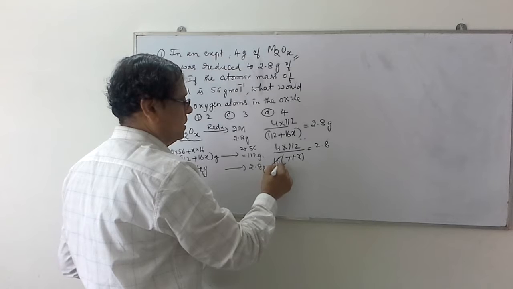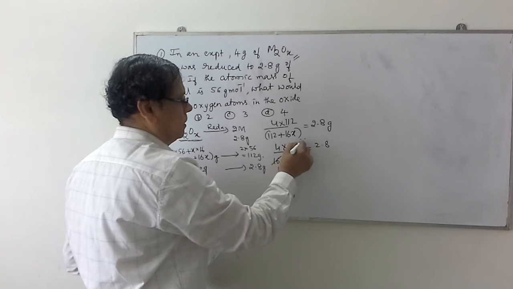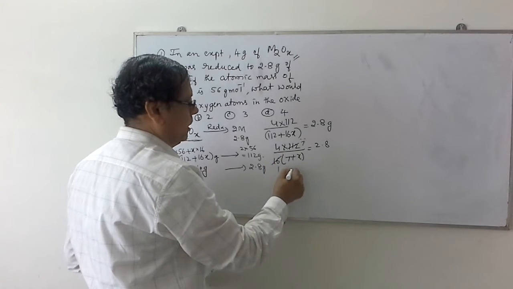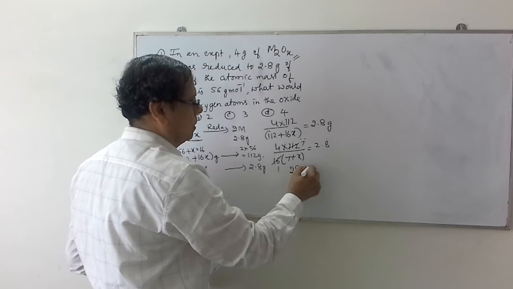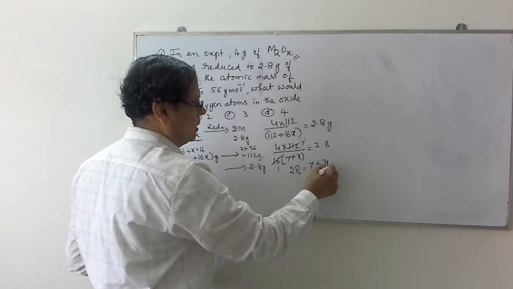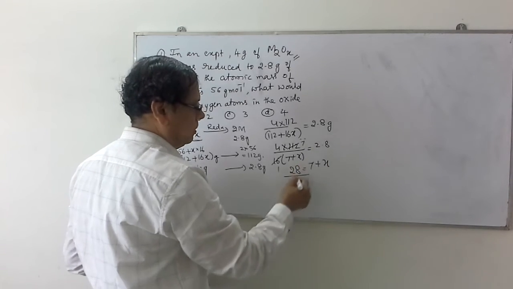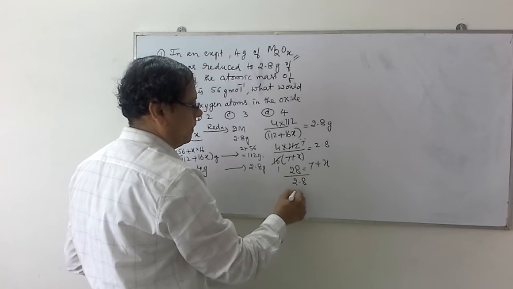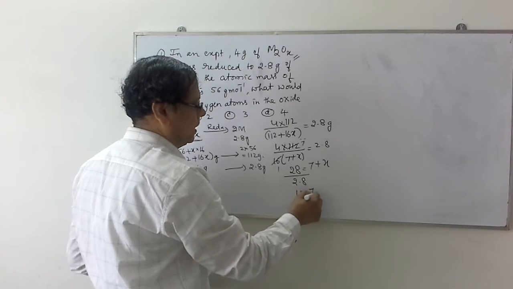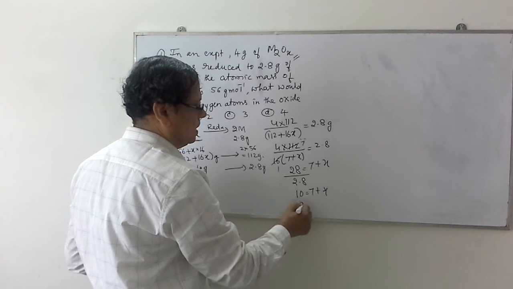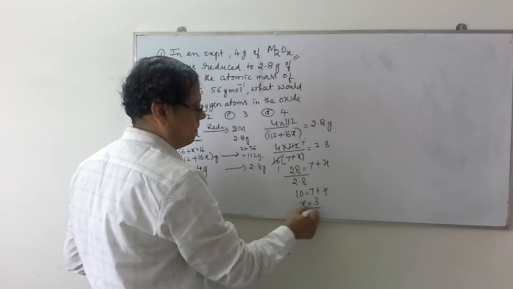So 28 is equal to 2.8 times 7 plus X, so 10 is equal to 7 plus X. X is equal to 3.